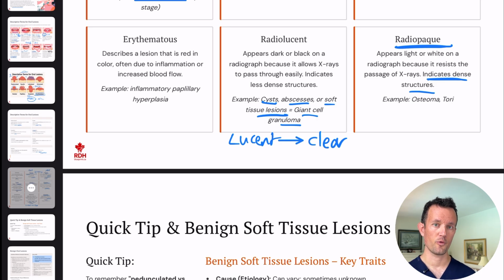You just need to know those things are soft tissue growths. They're not going to be radiopaque. You're going to see through them. But bones, an osteoma, bone growth, or tori, of course, that's bone. You're not going to be able to see through that. That's what I want you to take away from this section in oral path, knowing that soft tissue lesions are radiolucent, hard tissue growths are going to be radio-opaque.